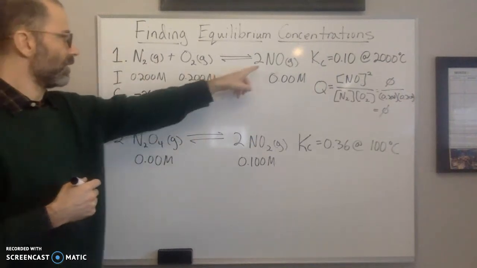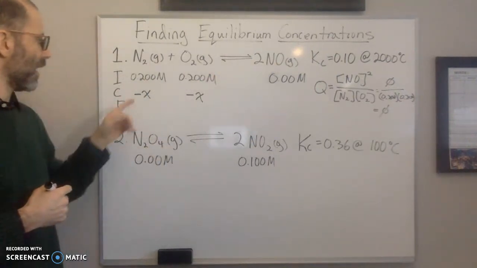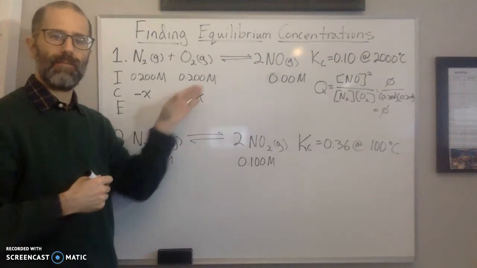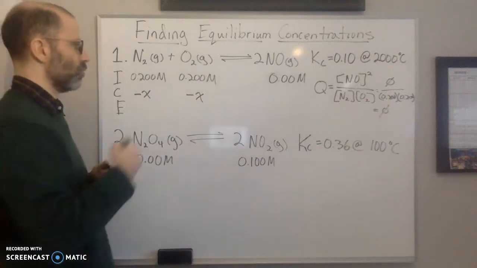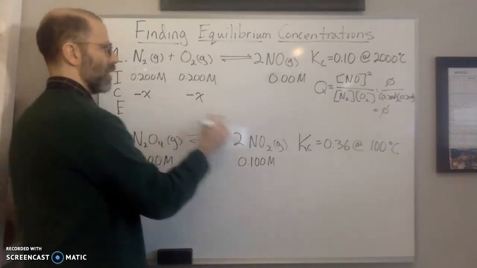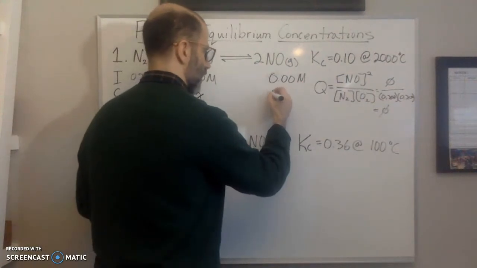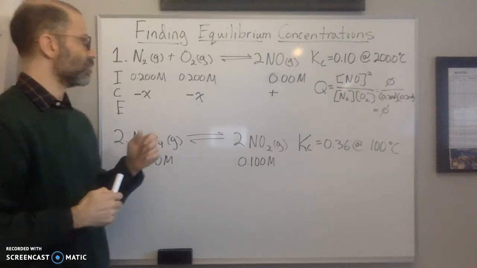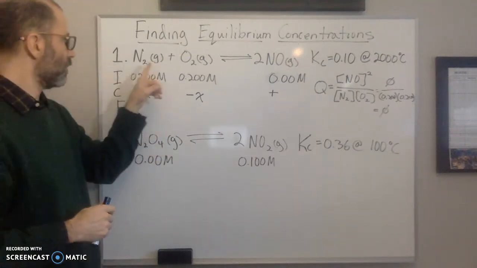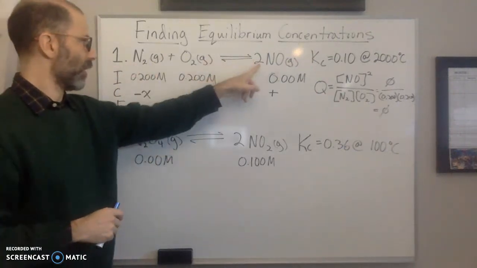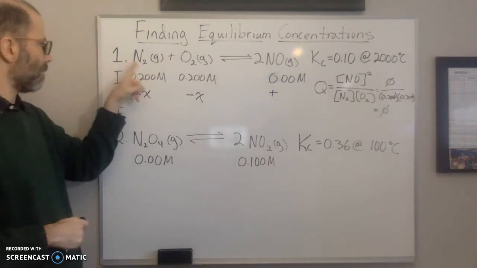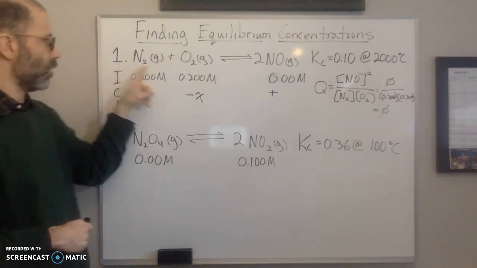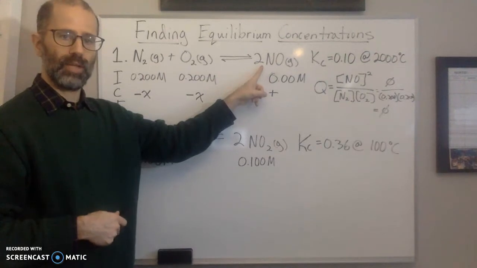Now for NO here, NO is going to be a gain. We're going to form product. So the amount here is going to be added instead of lost. And so, again, looking at the mole ratio here, for every amount lost here, we're going to gain double here.